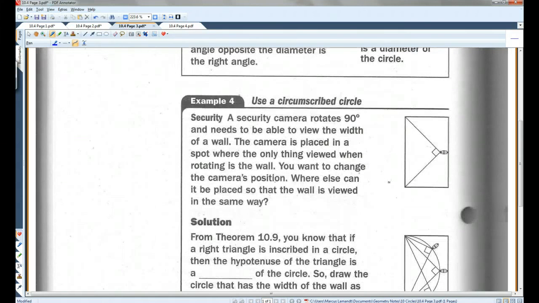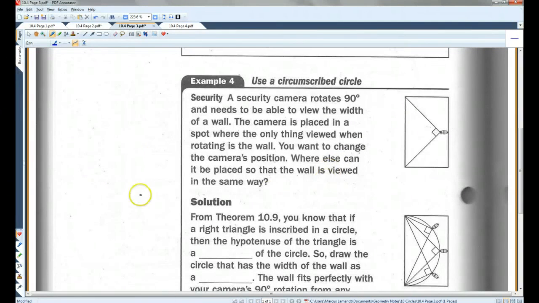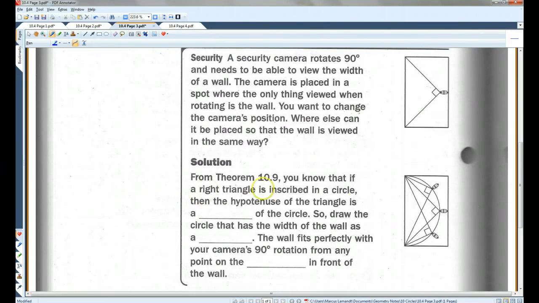So, for example, a security camera rotates 90 degrees and needs to be able to view the width of a wall. The camera is placed in a spot where the only thing viewed when rotating is the wall. You want to change the camera's position. Where else can it be placed if the wall is viewed in the same way? Okay, from theorem 10.9, you know that if a right triangle is inscribed in a circle, then the hypotenuse of the right triangle is a diameter of the circle.